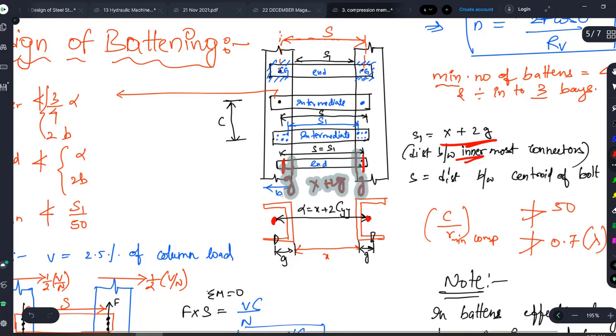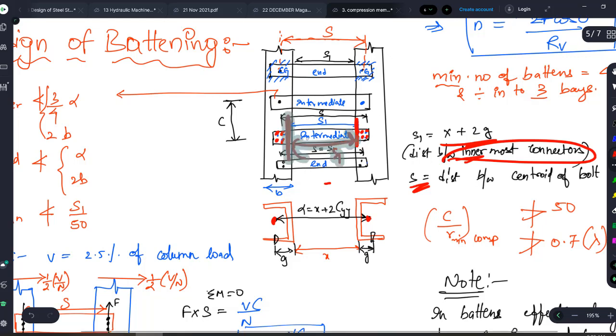I hope it is very clear, right? You will remember, you will not make any mistake, right? So be careful here. And next I am introducing a term which is S. See, I have told you S1 is the distance between innermost connectors. For example, let us say I have a bolt something like this. Which is the innermost connector? This is the innermost connector, right? So the distance between these two will be S1.